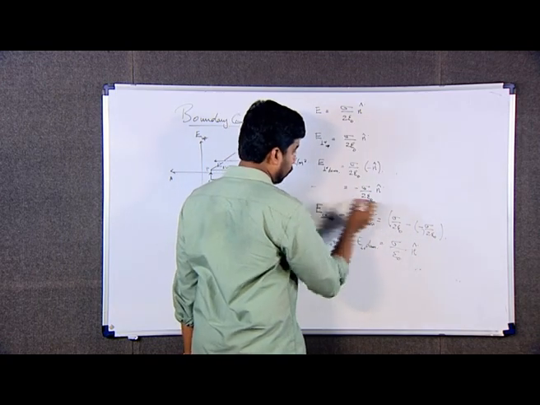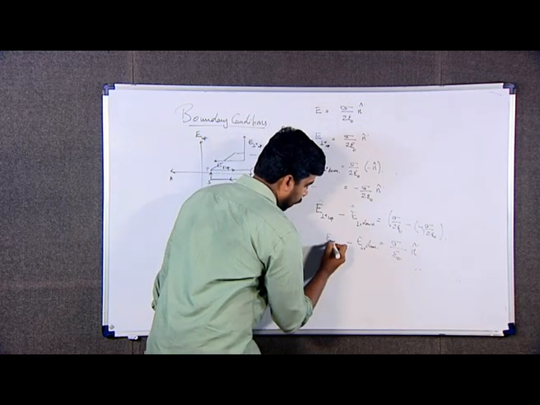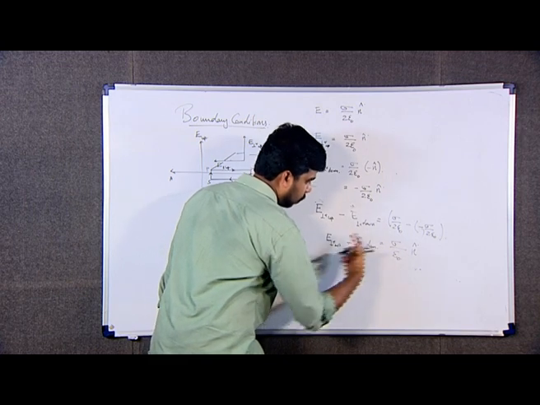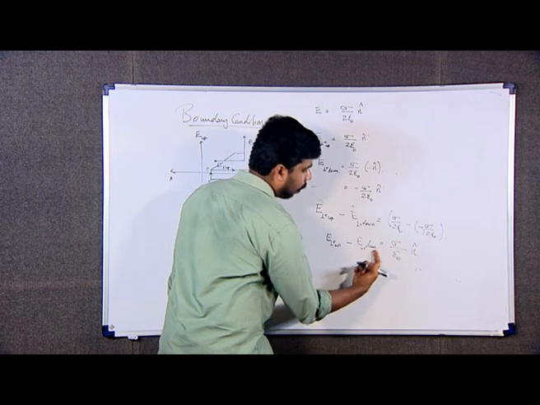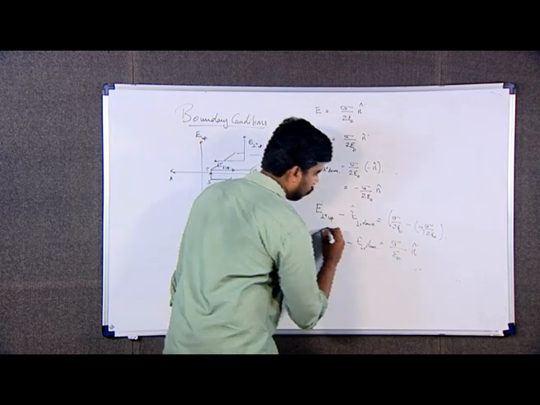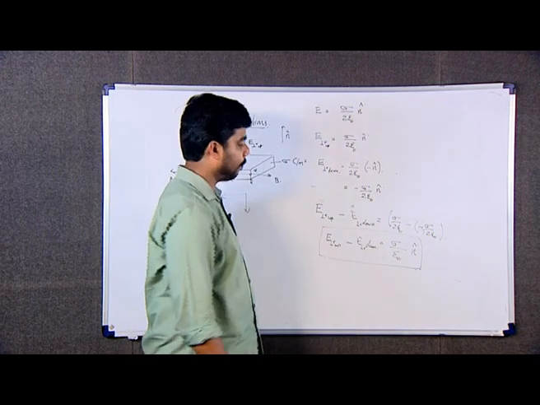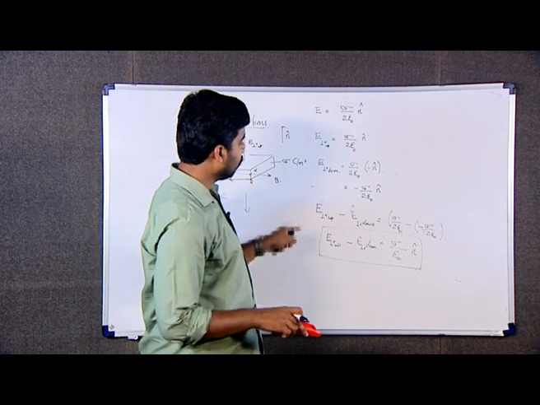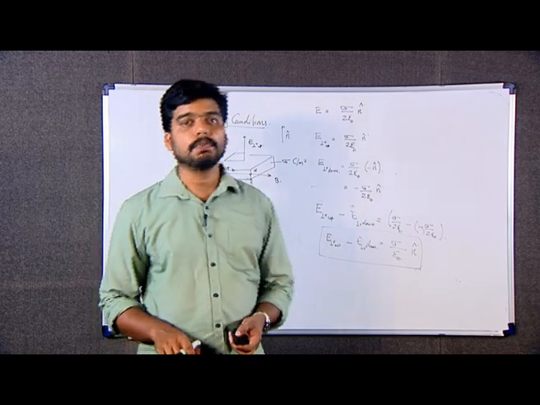Initially I told about the magnitude, now I am talking about the direction. So E perpendicular up minus E perpendicular down is equal to sigma by epsilon 0 into n cap. That means the perpendicular component is discontinuous at the boundary.